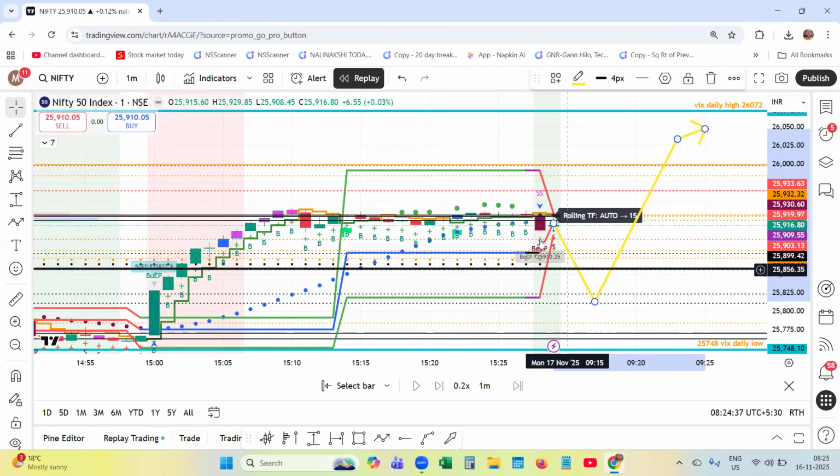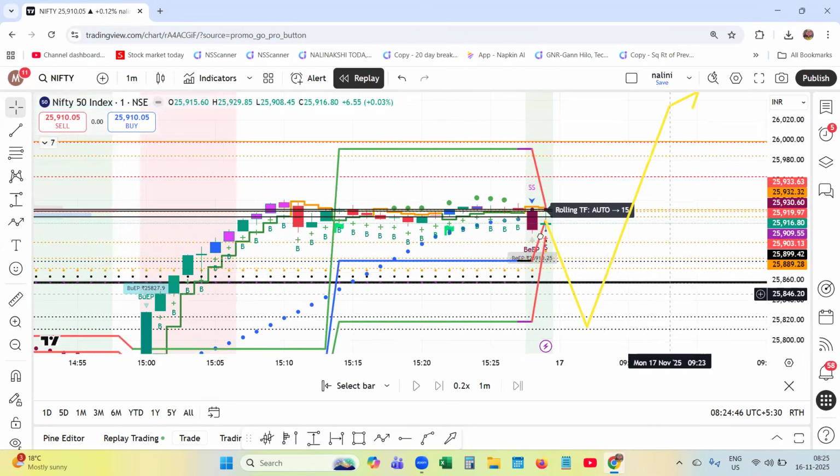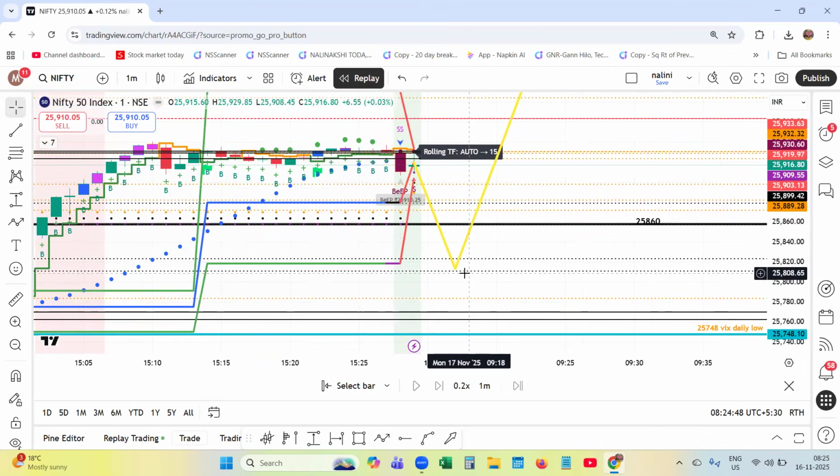Now it is entering the buy zone. So buy zones are nearby. See friends, these are the buy zones nearby. You can use reference lines as the buy zones, and when the price comes down to these reference lines, you can trade better.